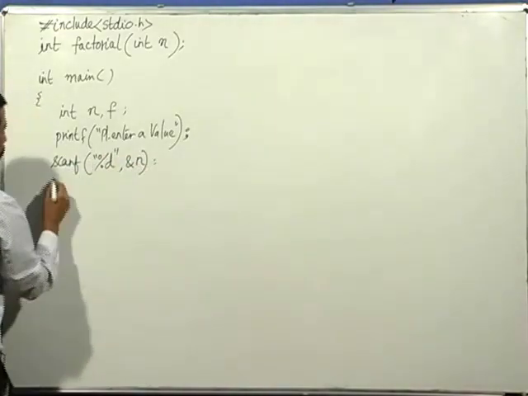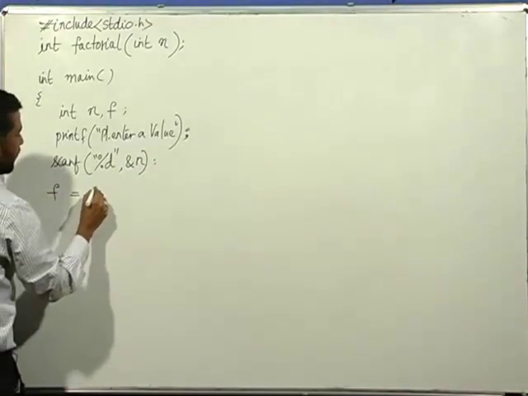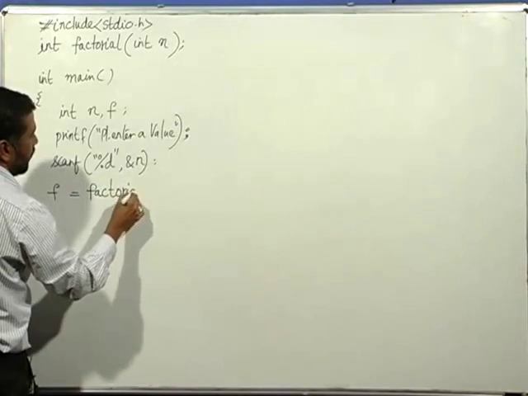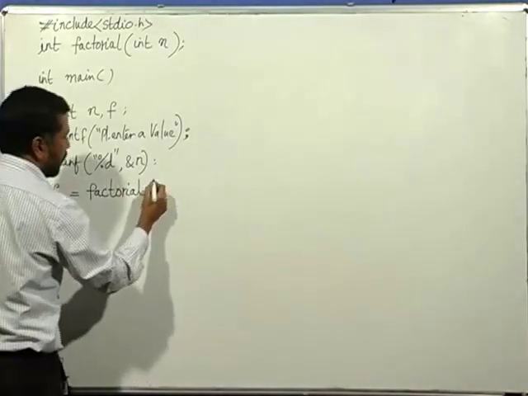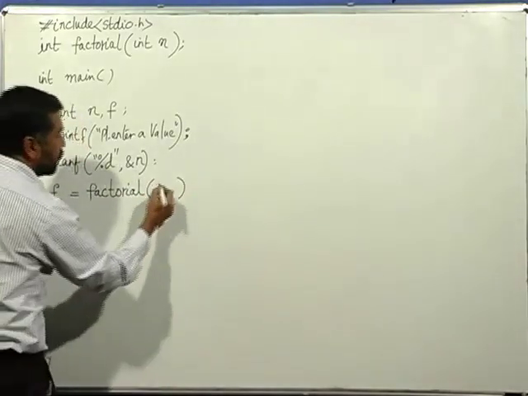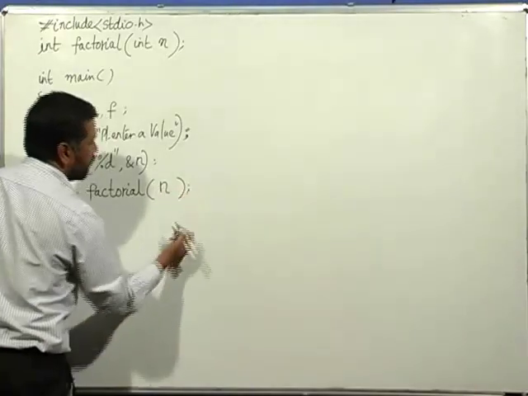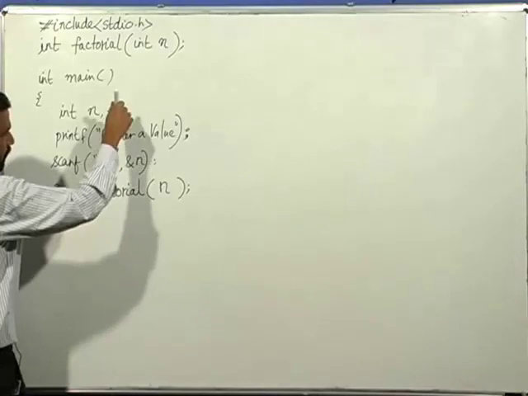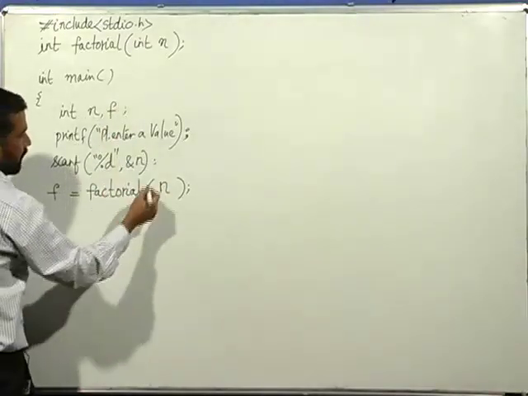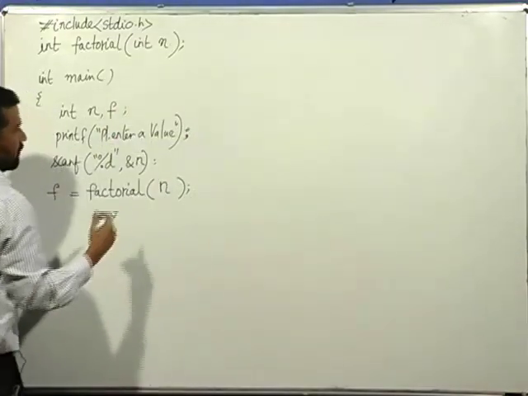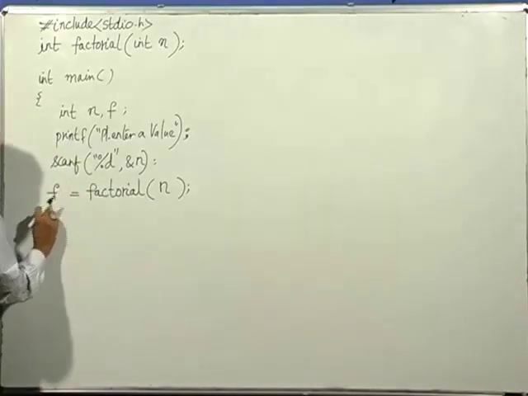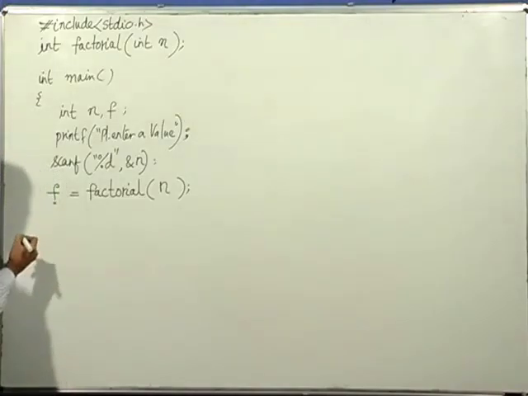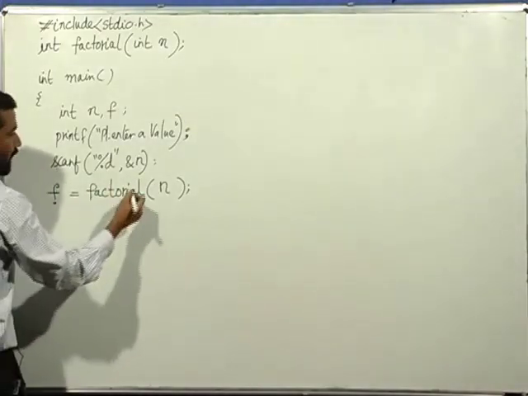And then what we do is we make the function call like this. This is the function call, and we have to send the value that is there in the variable n as the parameter. So our intention is that once we have sent the value n to the factorial function, it is supposed to find out the factorial and send back, which we are going to store in f. So in the main function, in the variable f, we will contain the factorial of n.